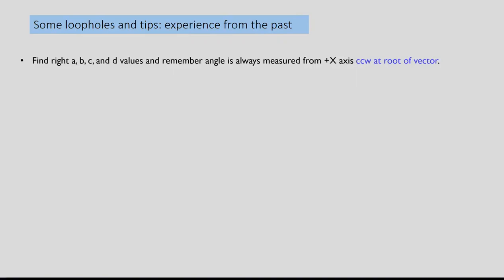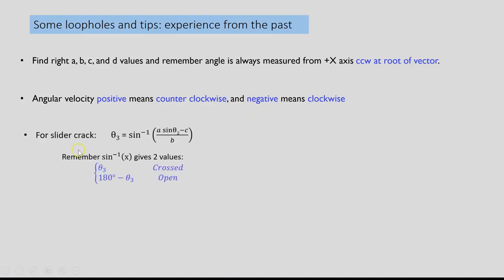Some important tips: just finding E for crank slider is really important, and just remember that the angle is always measured from positive x-axis counterclockwise at the root of the vector. Angular velocity positiveness is counterclockwise, and if you get negative, that means it's clockwise.